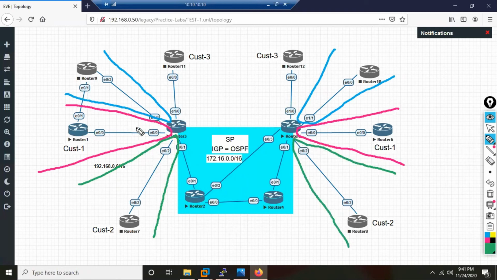So for every customer, we create a separate VRF. And now, is every customer's route flowing separately?